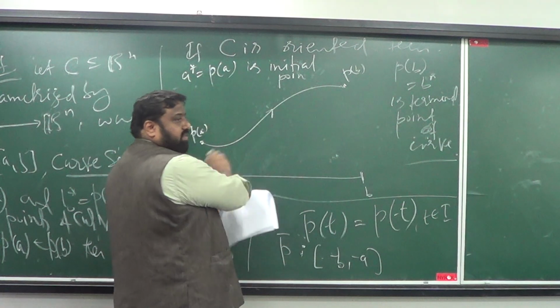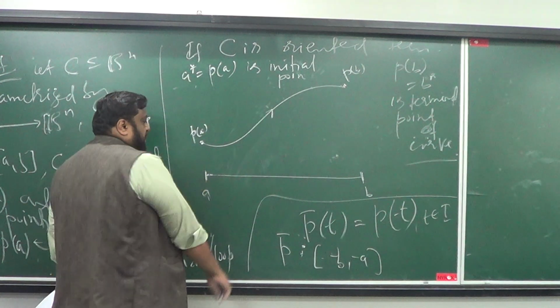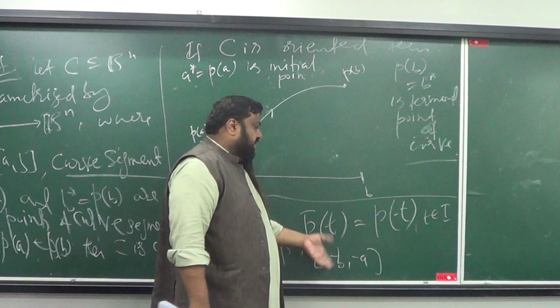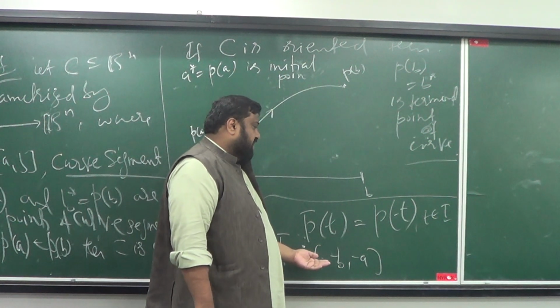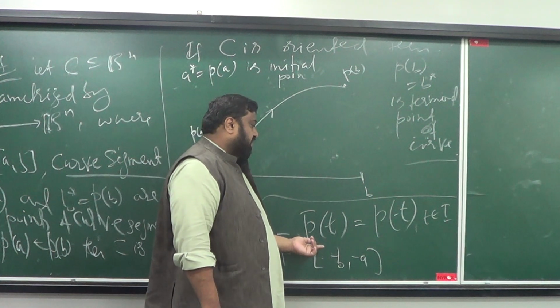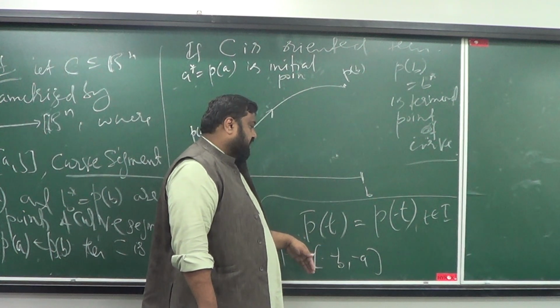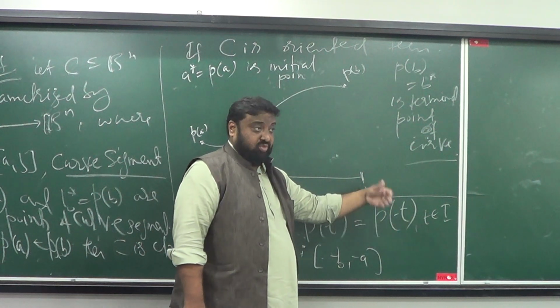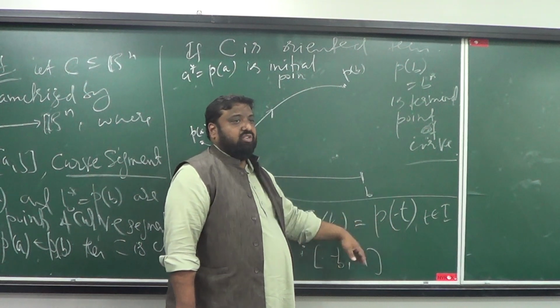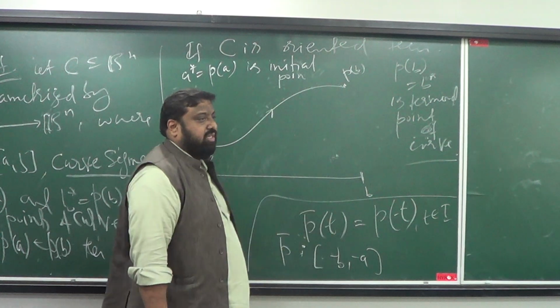So everything would be reversed actually. The rest of the things are the same. The easiest way to do it, if you don't want to change the interval and everything, is to say that if you want to find the reverse parameterization, just substitute for every t minus t into your original parameterization, and you will get the reverse parameterization.